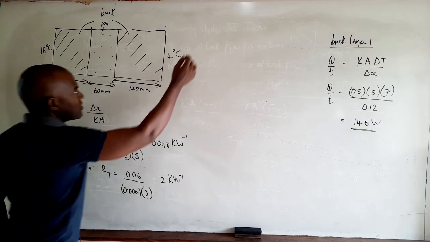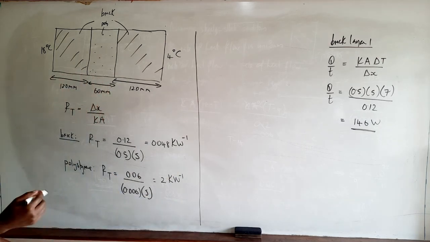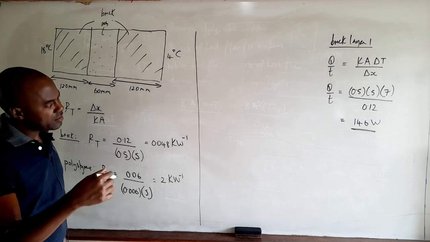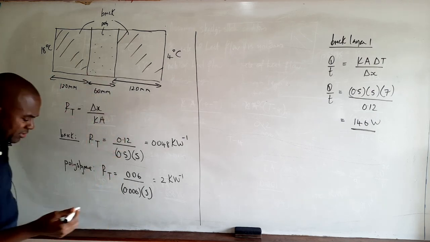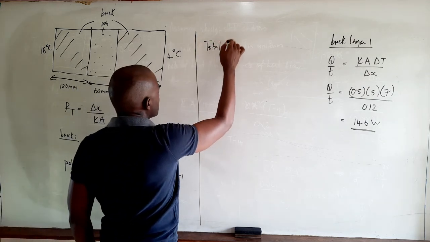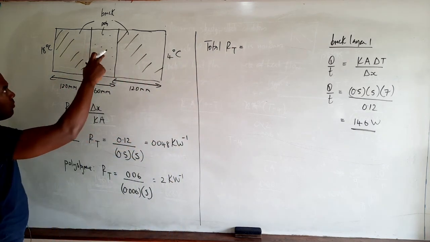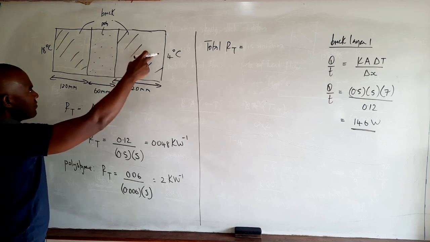Again, it is a composite thermal conductor, and basically we'll treat it as conductors in series, and because they are conductors in series, we'll basically add the thermal resistances, and so therefore the total thermal resistance is equal to the thermal resistance of this layer of brick plus the thermal resistance of this layer of polystyrene plus the thermal resistance of this layer of brick.